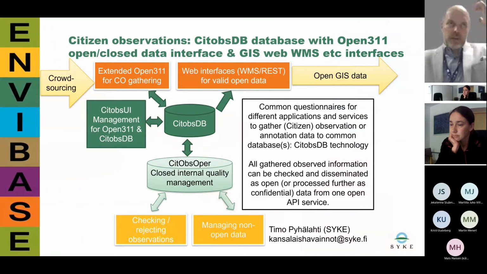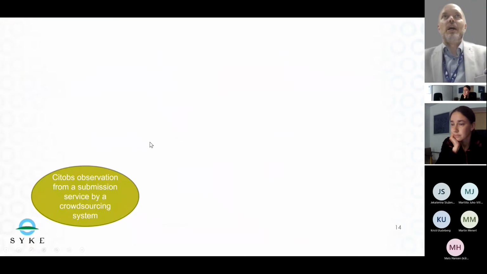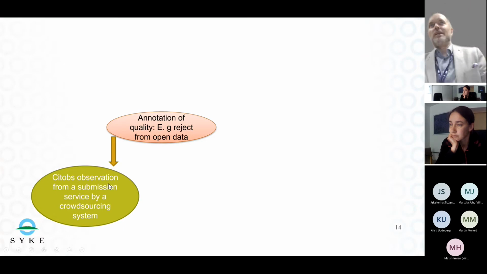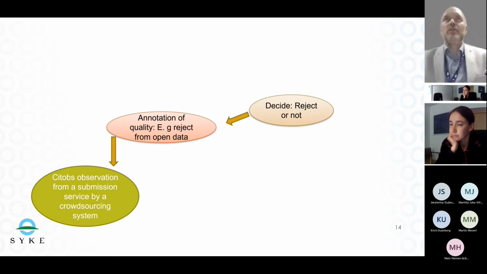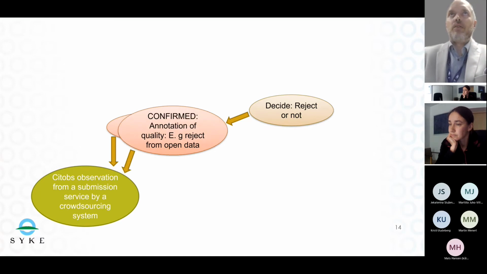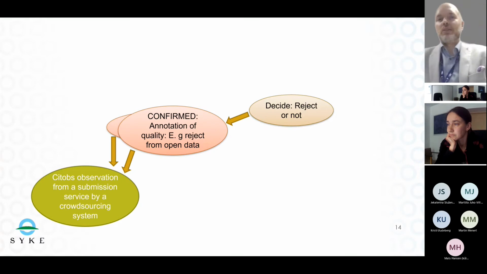And one of the key things that is actually needed for CSEPIN is that we are getting data from different systems to our common platform, and we would need a system for highlighting and annotating if the data is good or not, and deciding if we should reject this from the open data, and confirming what to do with the data.